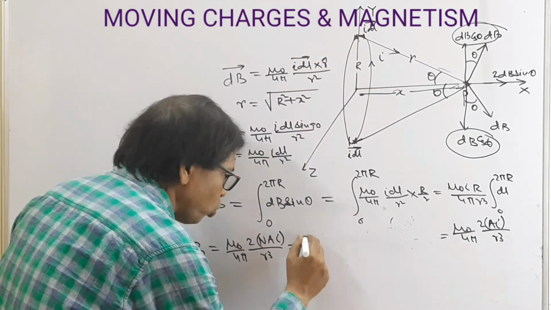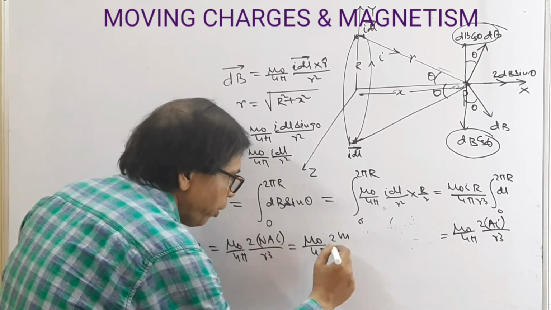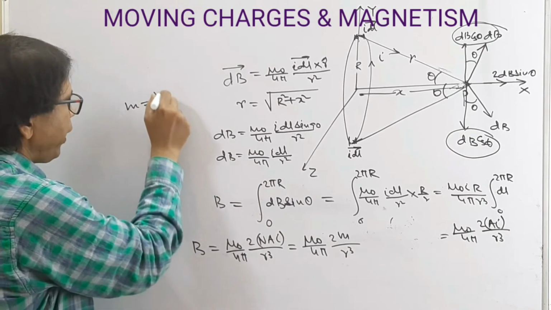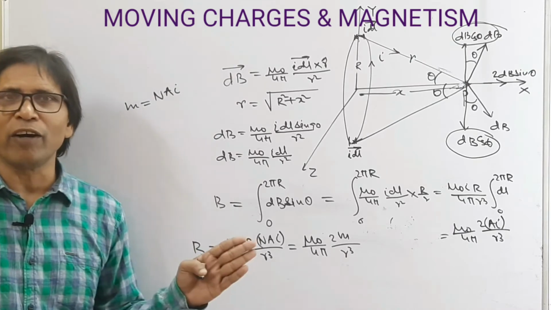So this equals mu naught by 4 pi, 2m by capital R cube, where small m equals NAI is the magnetic moment due to the circular coil.